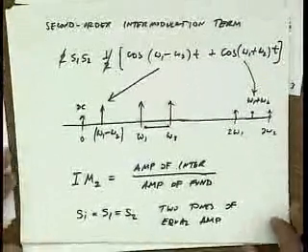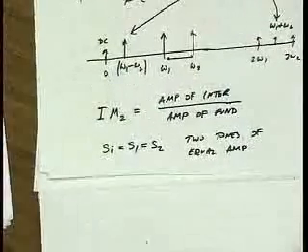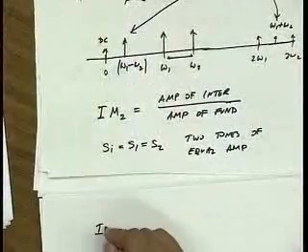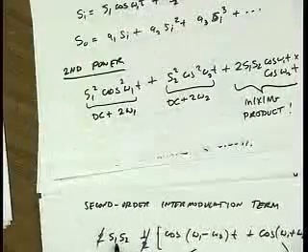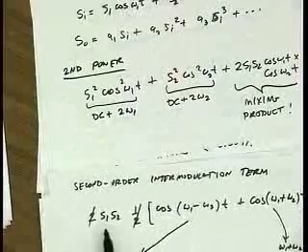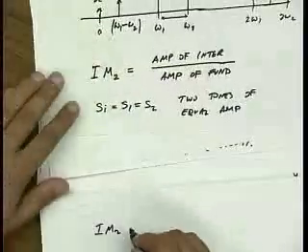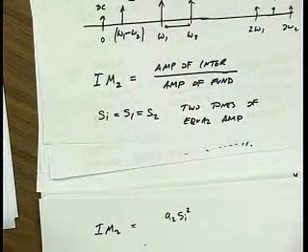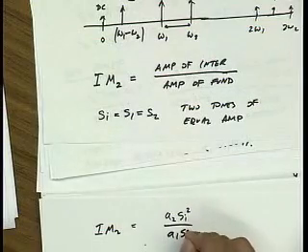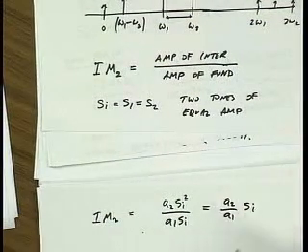If I plug these two tones into IM2, I can see that I generate A2 S input squared. So IM2 is simply A2 S input squared times A1 S input, which is just A2 over A1 times S input.